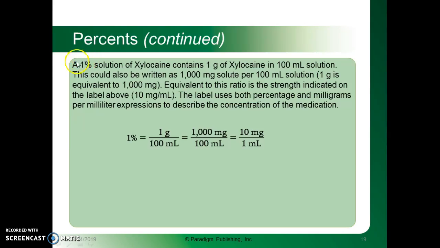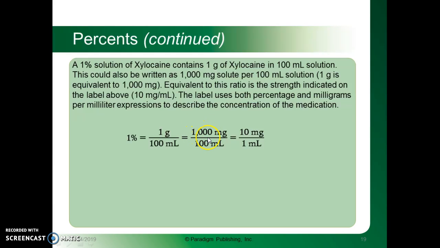So again, what did we say? Anything percent will always be over 100. So in this case, our ratio would be 1 gram per 100 mLs. Now it's telling us to convert that from grams to milligrams. From what we know, in 1 gram, there's always 1,000 milligrams, okay?